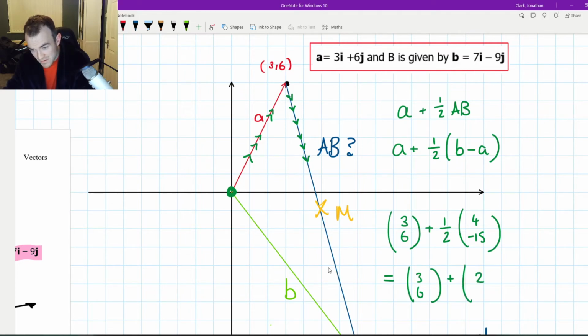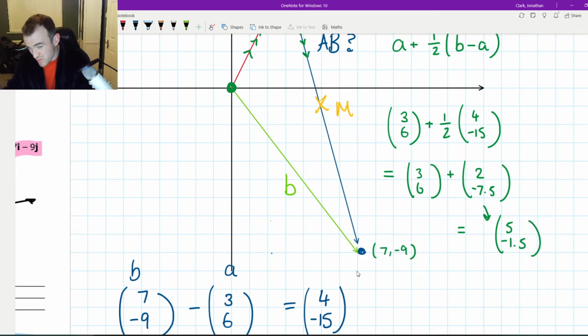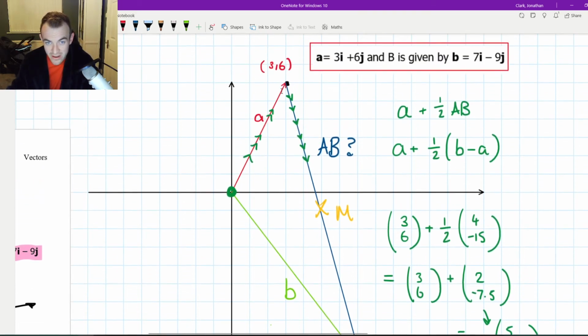Half of minus 15 is minus 7.5. I'm going to need to get rid of more previous calculations here. So 3 plus 2 is 5. 6 plus minus 7.5 is minus 1.5. So we've got the same thing either way. Right? That was with the vector AB.